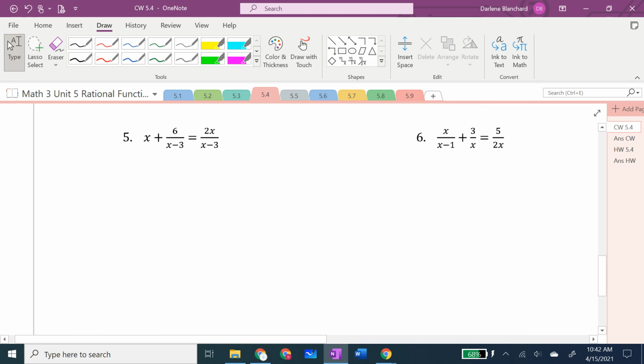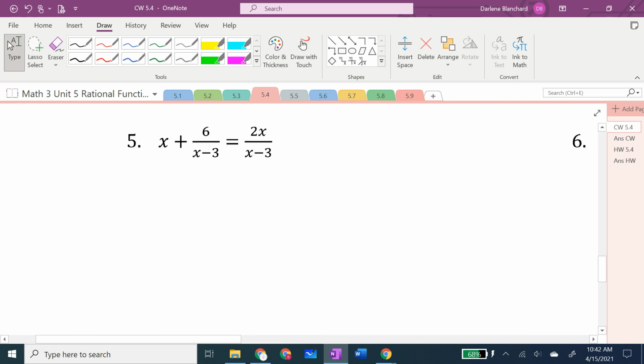We are now on number 5. Number 5 has a common denominator of x minus 3. So I'm going to multiply both sides of the equation by that x minus 3. What I have to be careful of is I have an addition over here. What you can do is you can highlight addition between terms and equal sign.